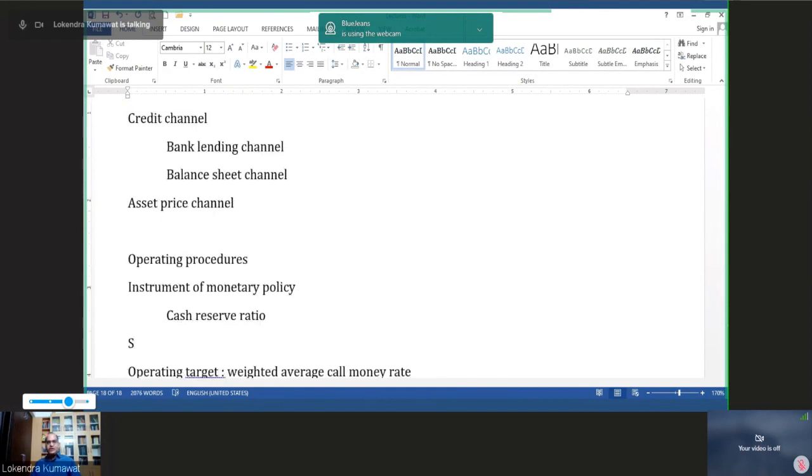There is the statutory liquidity ratio. While the cash reserve ratio is about keeping money with the Reserve Bank of India, the statutory liquidity ratio is about investment in specified securities.